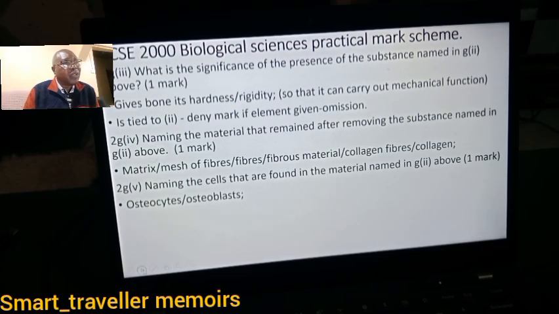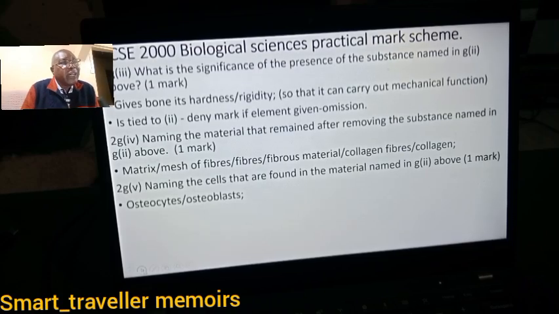It is called matrix or mesh of fibers or fibrous material or collagen fibers or collagen. Any of those was correct. And G5, naming the cells that are found in the material named in G2 above, they are known as osteocytes or osteoblasts.